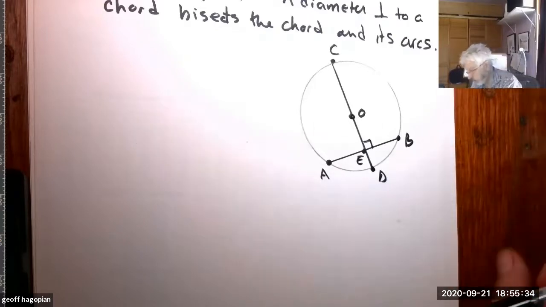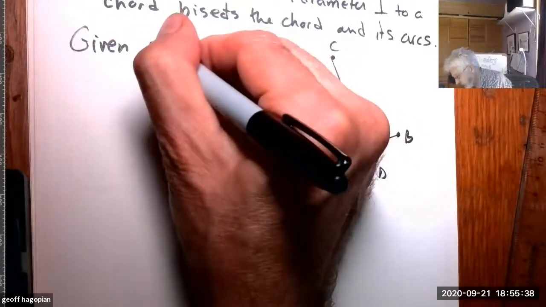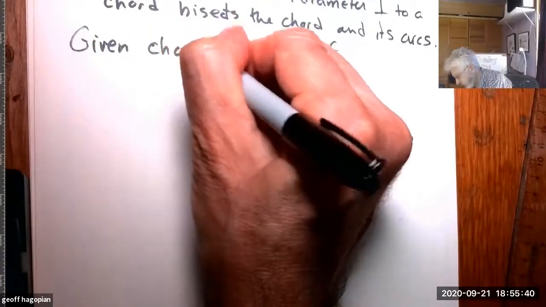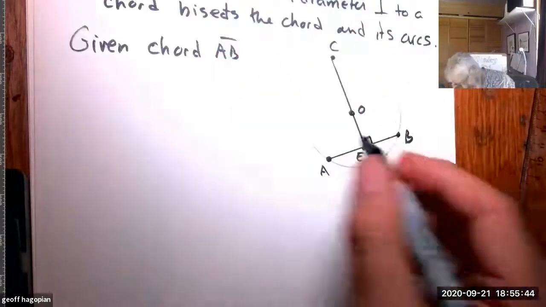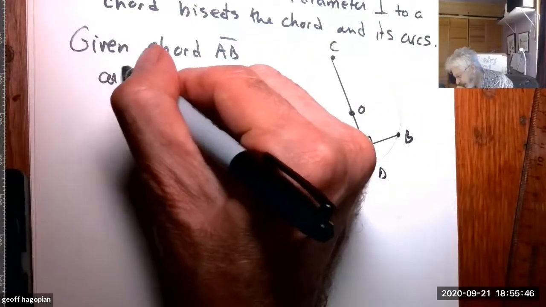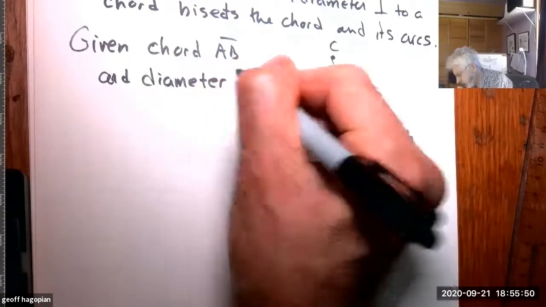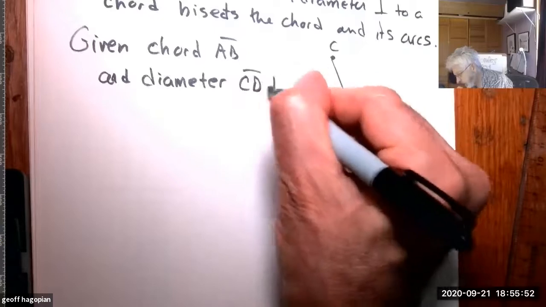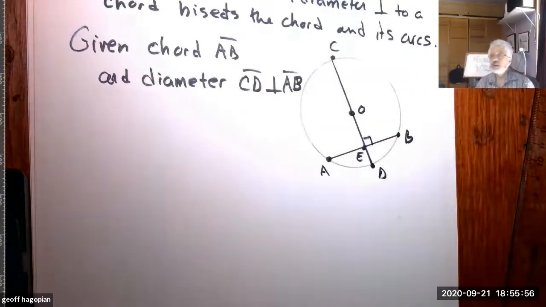So what are we given? Chord AB and diameter CD perpendicular to AB, right?